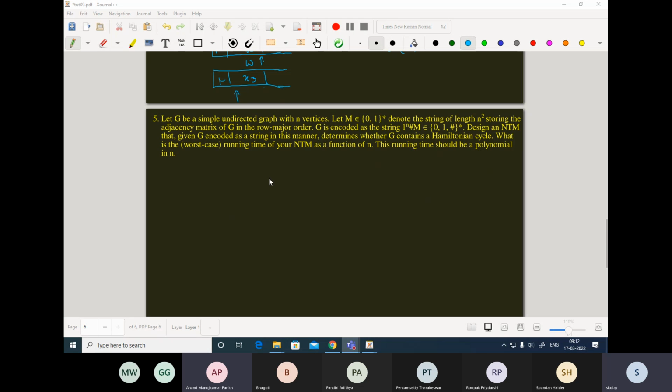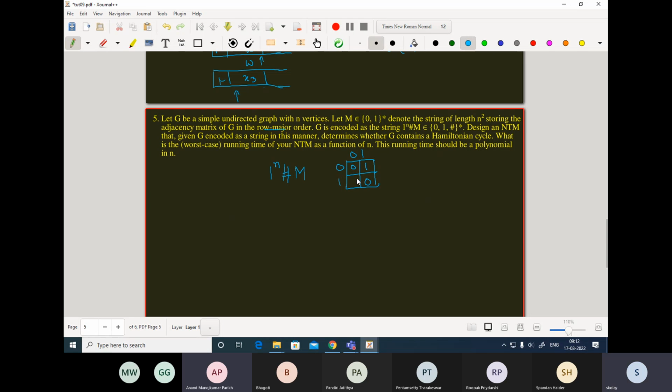So basically you're given an undirected graph in the following manner. This undirected graph has n vertices and the edges of the graph are given in row major order, meaning everything in row 1. So the adjacency matrix is written down in row major order. So suppose it was 0, 1, 0, 1. And if my adjacency matrix was, so these will be 0, 0.